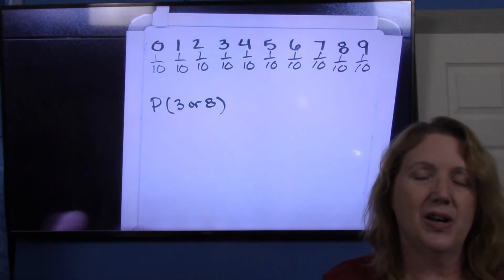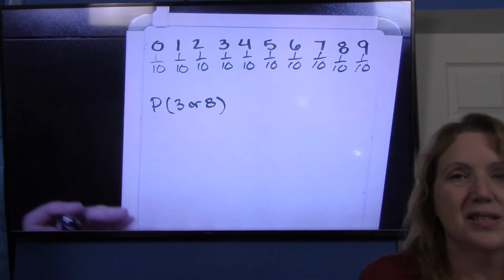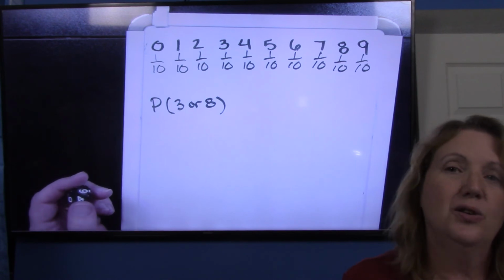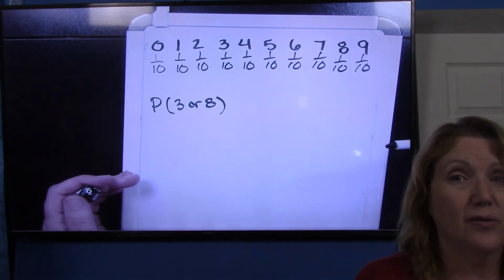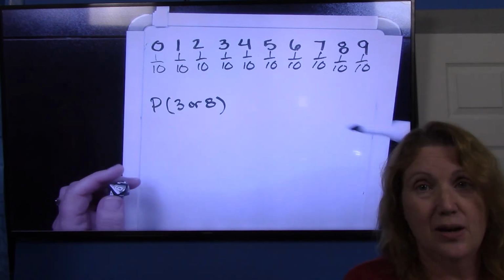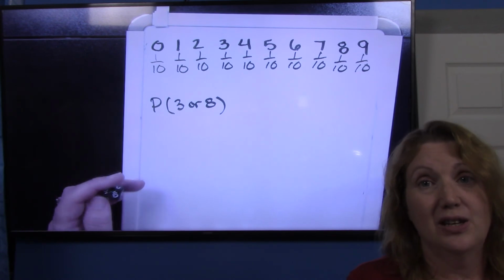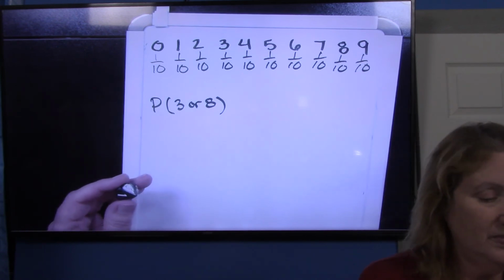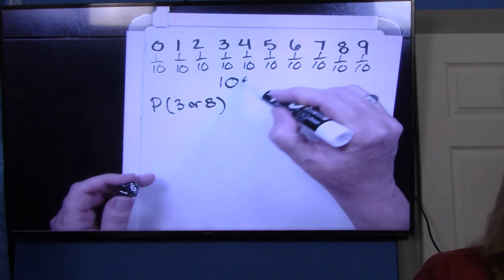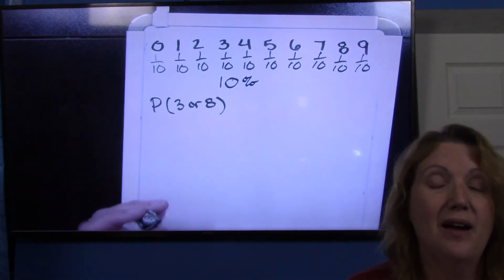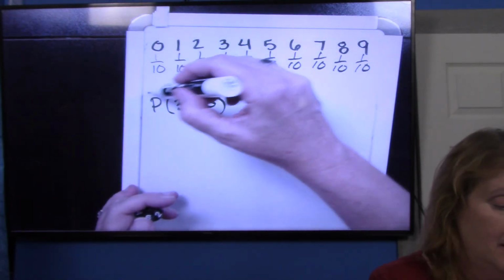Can somebody in the chat tell me what the percent of 1/10 is? You can either take 1 divided by 10 in your calculator or phone, or you can take 1 divided by 10 using long division like we did before. 1/10 is in fact 10%. So we have a 10% chance for each one of these.